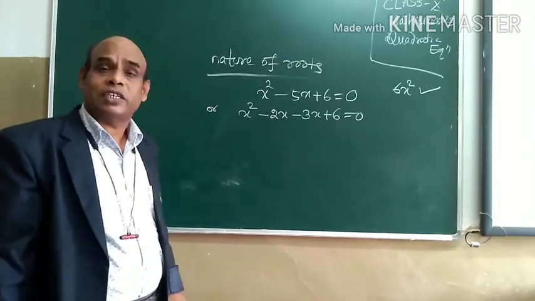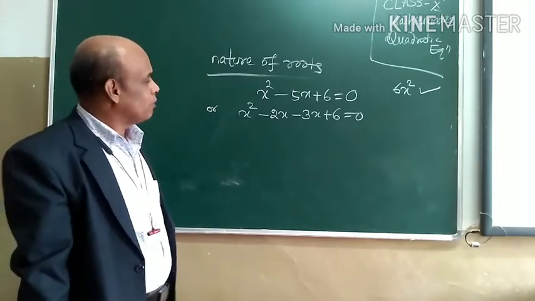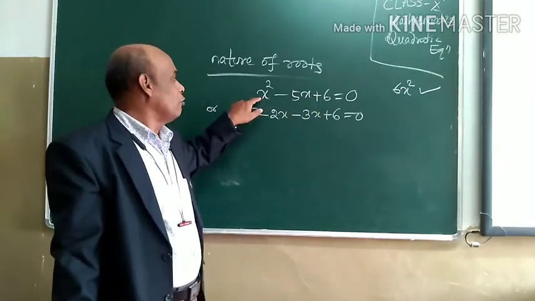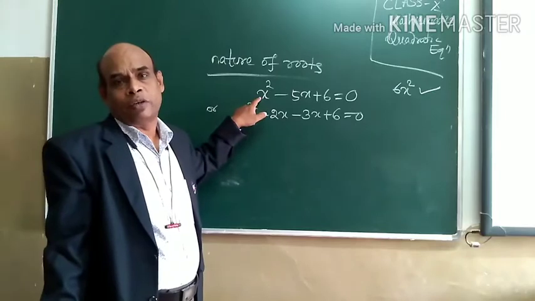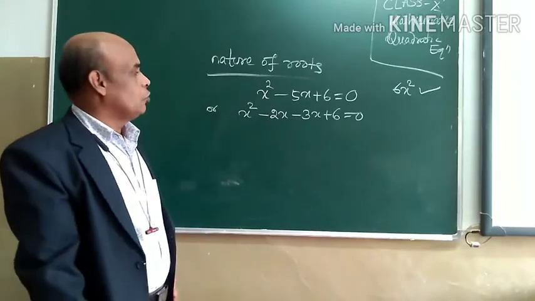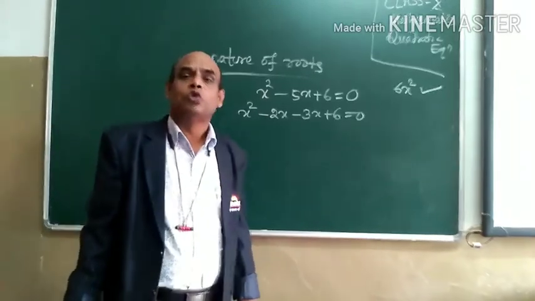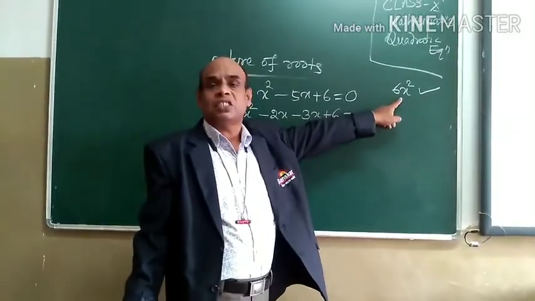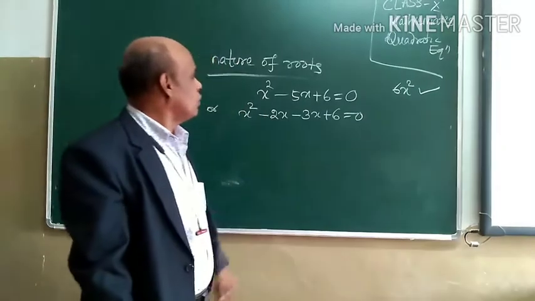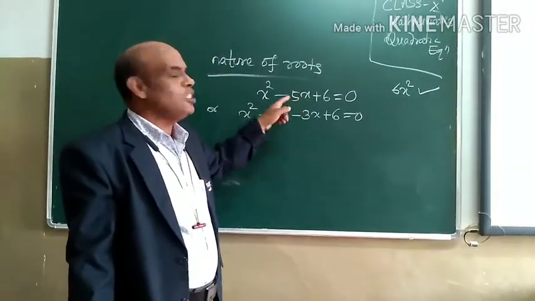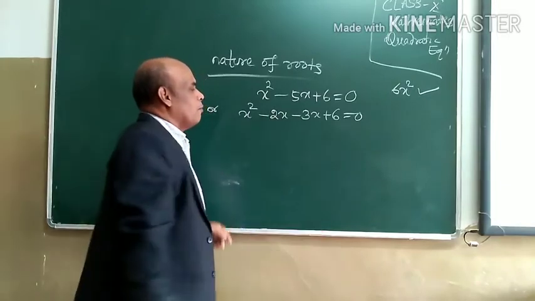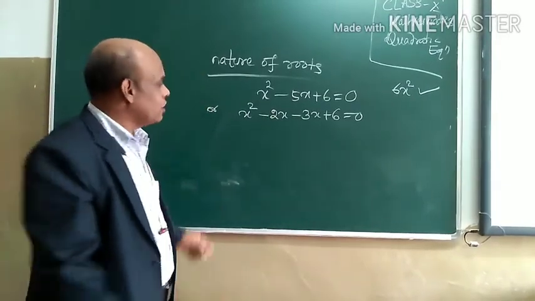It means, first you have to remember, the constant term will be multiplied with the x square number. Then you have to select two numbers whose product will be this 6x square and addition result will be minus 5x. So ultimately we got the two numbers, minus 2x and minus 3x.